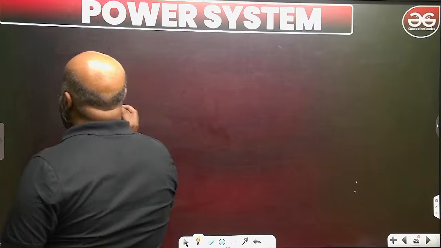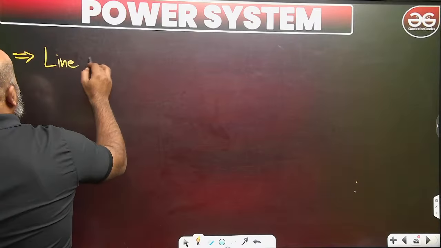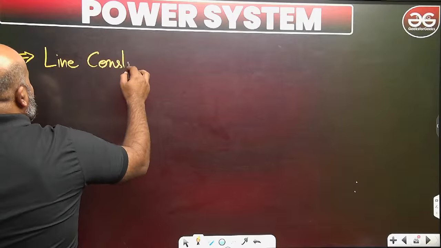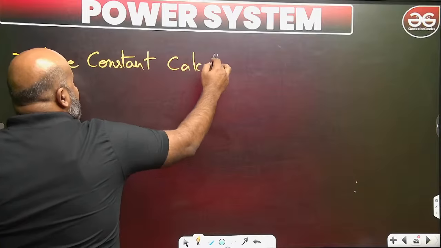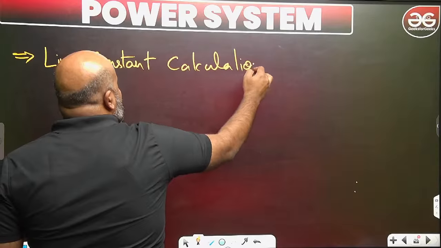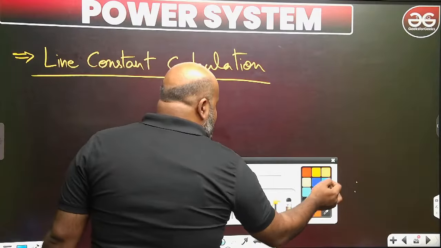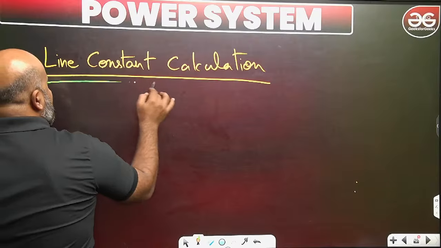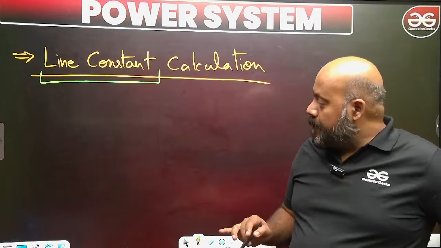Now let's talk about the line constant calculation. When I say line constant calculation, please understand what we mean by line constant. Why are you calling it line constant? Please understand this, very, very important.